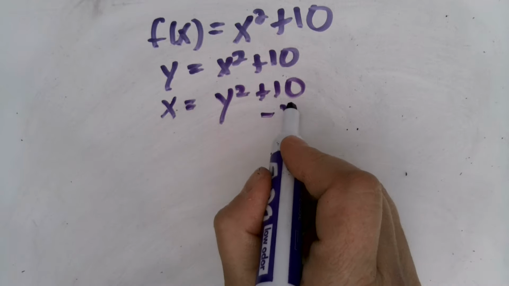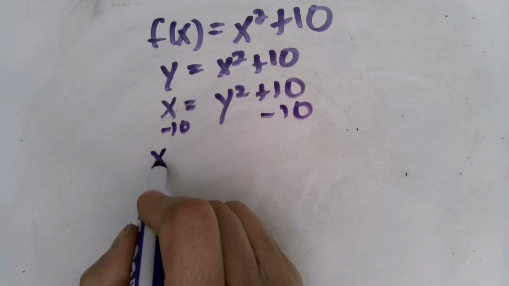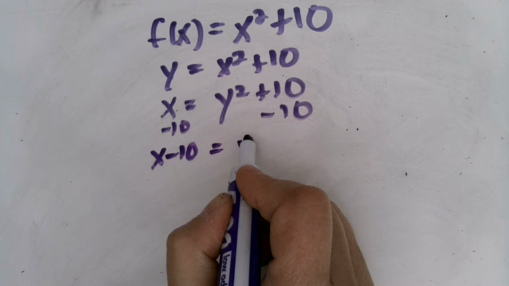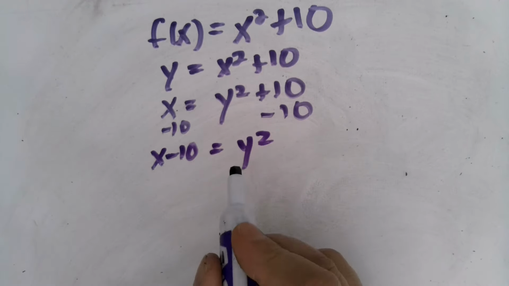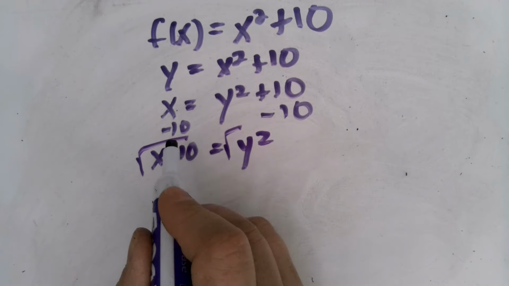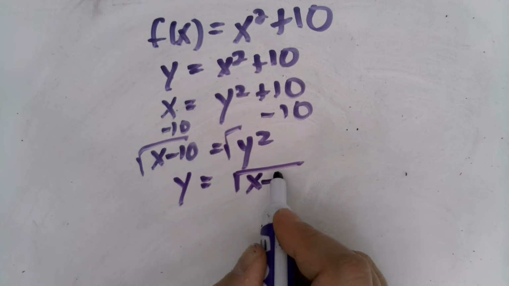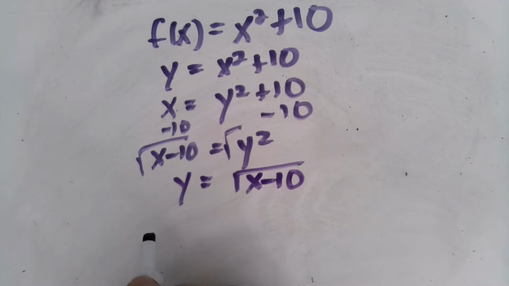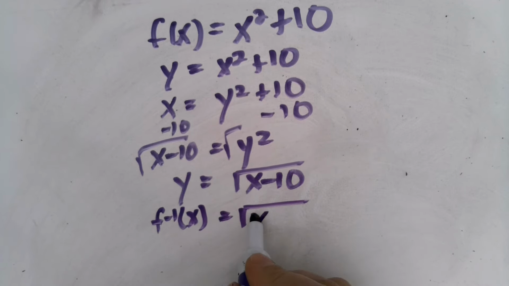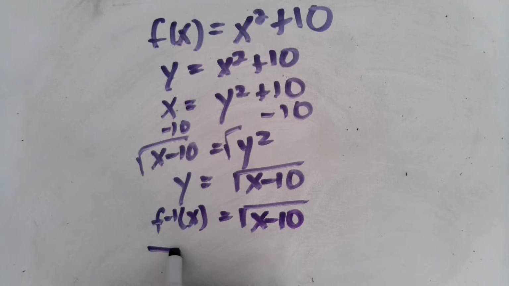Third step, solve for y. Here we have a y squared. To get y by itself, we're going to take the square root of both sides. So we get y equals the square root of x minus 10. Last step, write it as an inverse function. And we have our inverse. So let's look at domain and range.